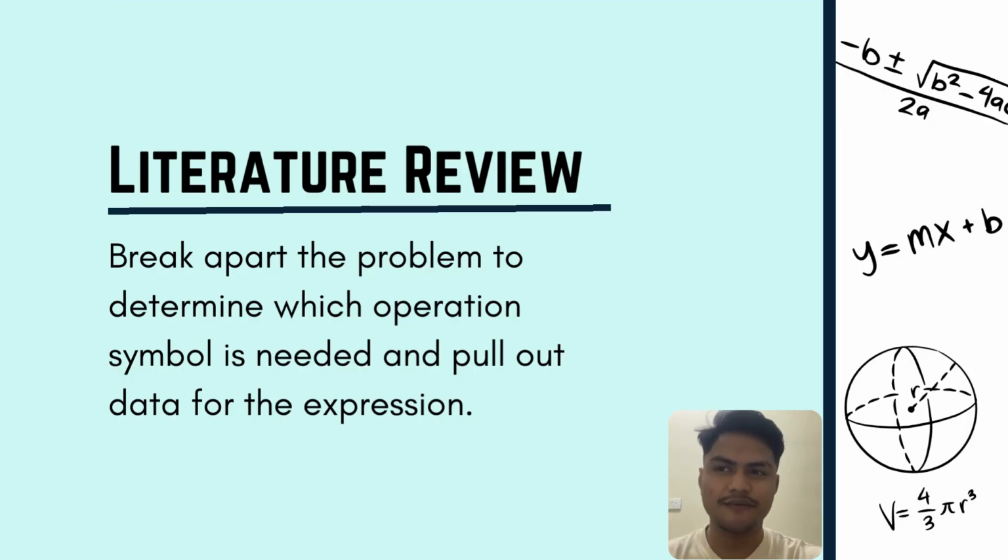For the literature review, we have to break apart the problem to determine which operation symbol is needed and pull out data for the expression. For this literature review, we use two methods. The first one is the Lagrange interpolation method, and the second one is the Newton divided difference method.